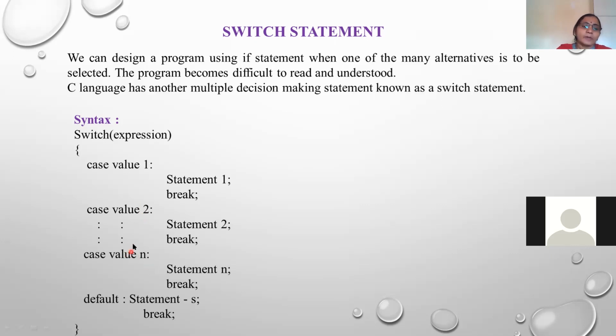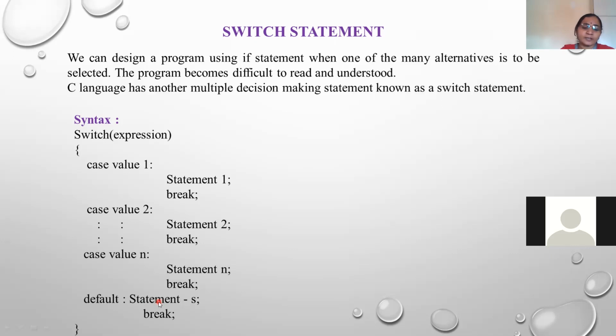But if the result does not match any of the case values, then the computer executes the default block. Default means: if none of the values match the result of the expression, then whatever statements are in the default block will be executed.